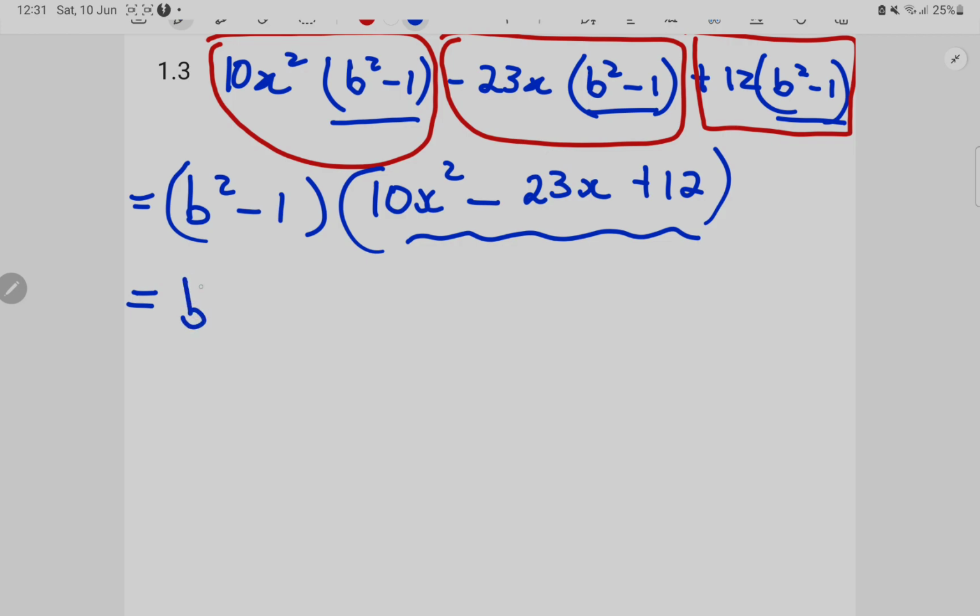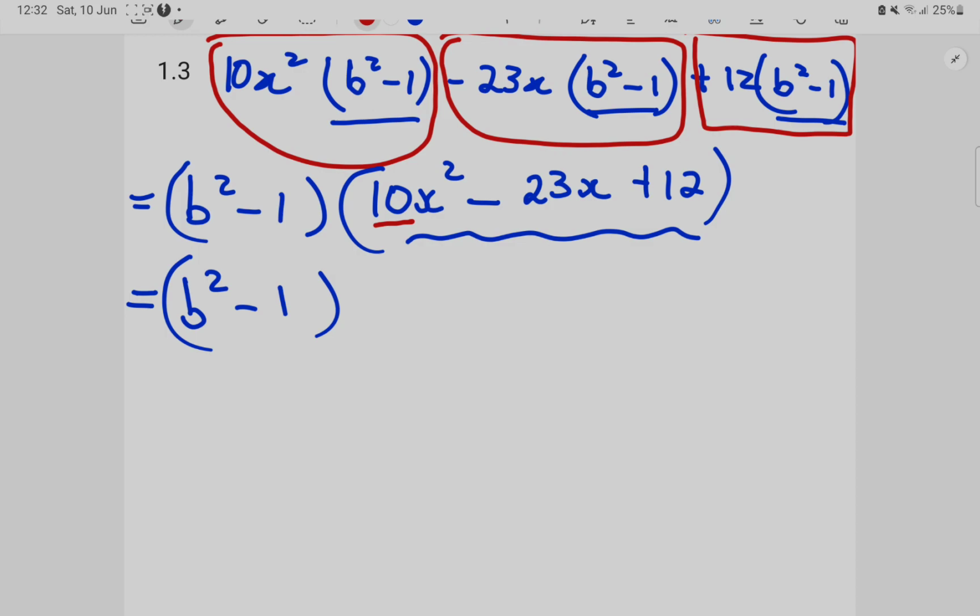So here we've got b squared minus 1 into 10x squared minus 23x plus 12. Then when you look at the first term here, the coefficient of x squared now is more than 1, it's 10. So you can quickly use the quadratic formula, as we are entitled to use it.